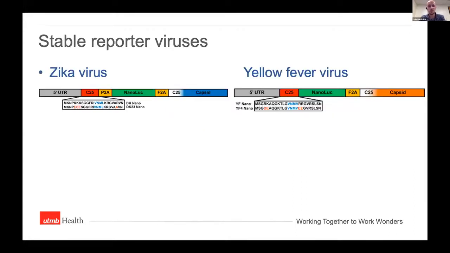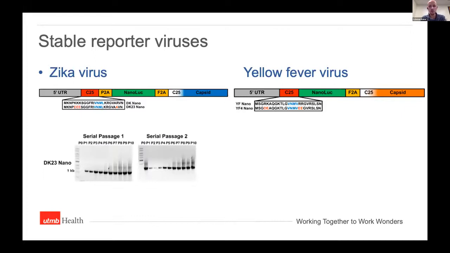We did this both with Zika virus and with yellow fever virus. If you mutate the positive amino acids that are present at the beginning of the capsid and either change the charge completely or just get rid of the charge to a neutral charge, then you can block viral particle formation if that sequence is brought into the full capsid by recombination.